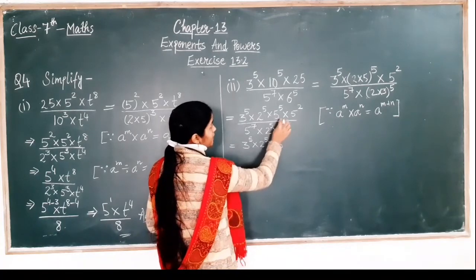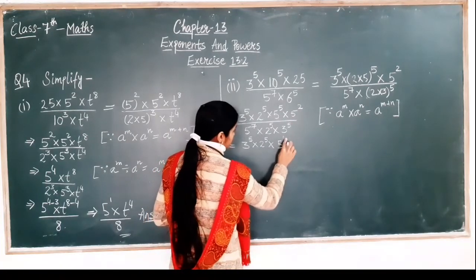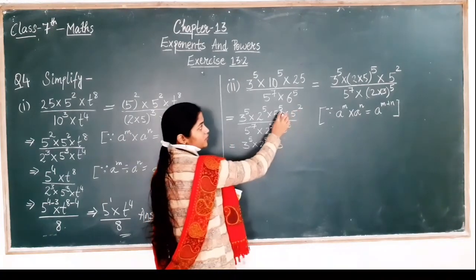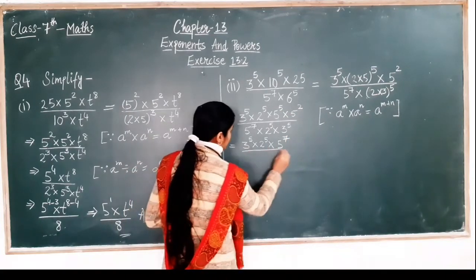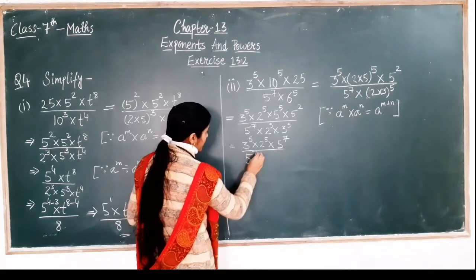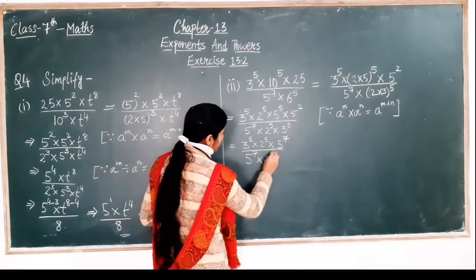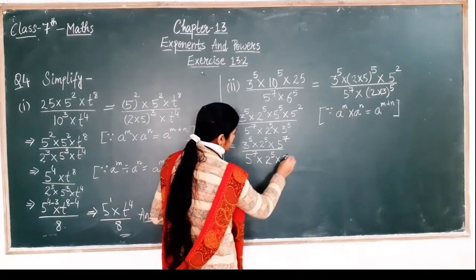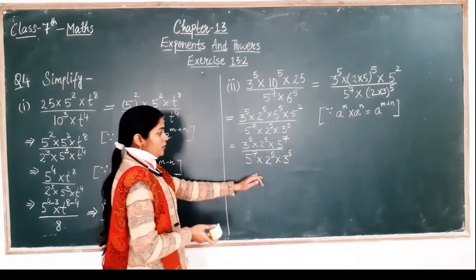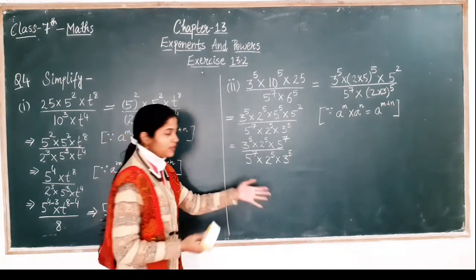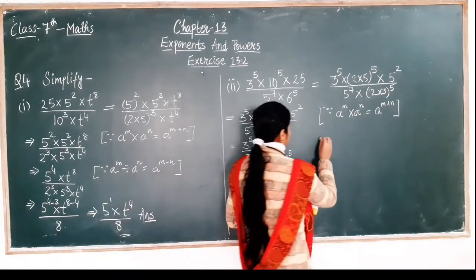As the bases are same, we'll add the powers. So 5 plus 2 would be 7. Okay, and the remaining will be same, 3 raised to 5.